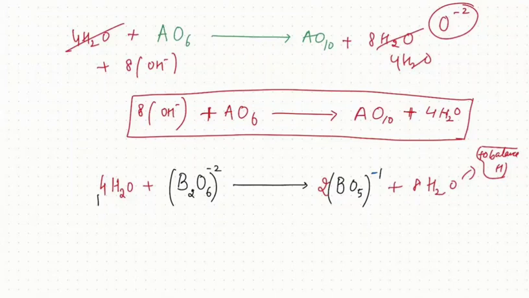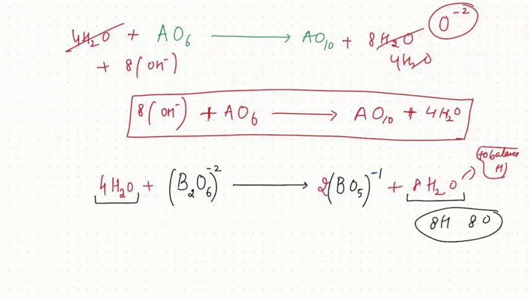Do you understand? Yes. So this is 8H2O and this is 4H2O. So we have added 8 extra H and 8 extra O. So I'm going to write down 8OH -1. Cancel this.